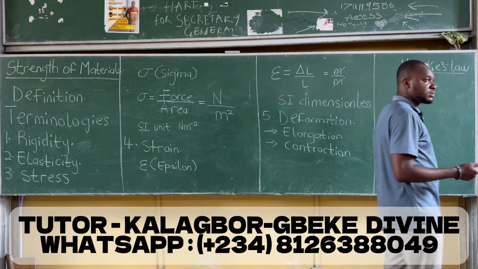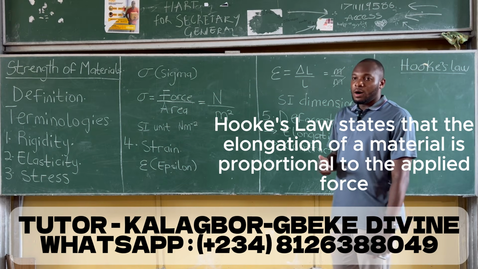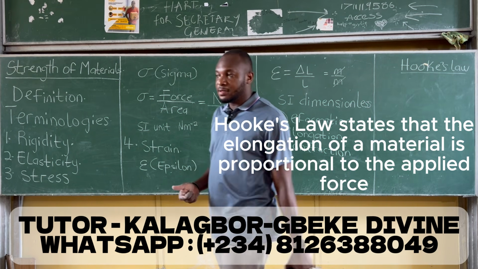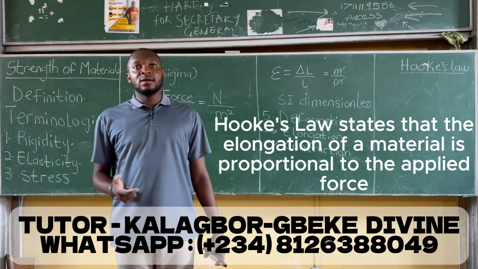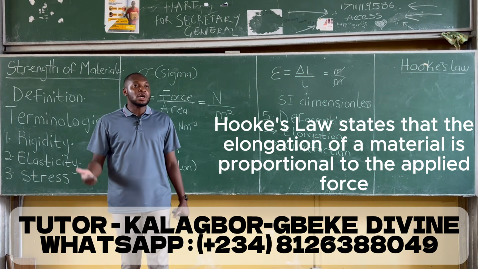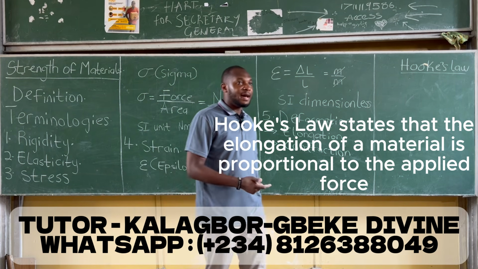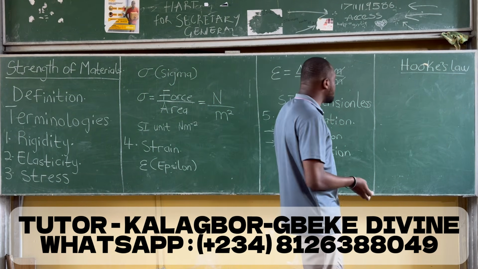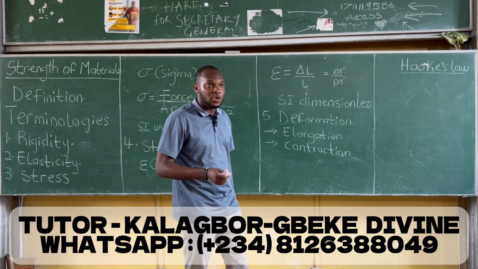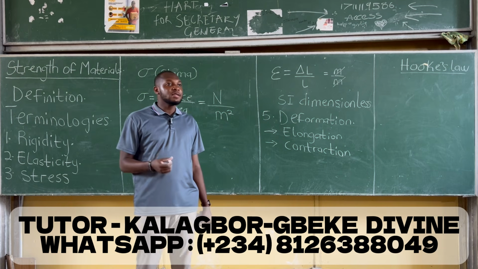Hooke's law states that the elongation of a material is proportional to the applied force. Very simple definition. All these definitions, we are trying to make them as short as possible, so you can understand and recall them.